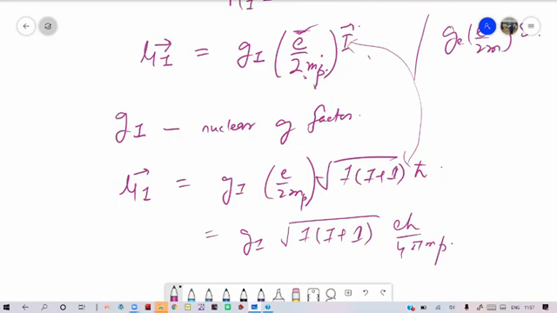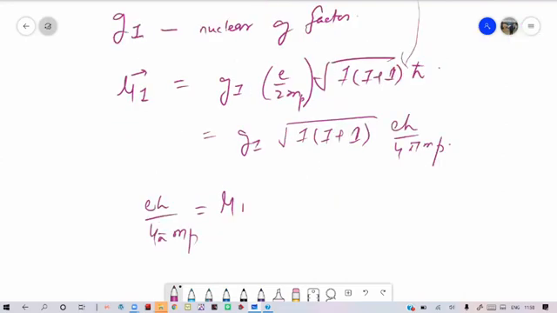This is subscript n, this p, and e h cut by 4 pi m_p. It is the nuclear magneton, like we have the Bohr magneton, e h by 4 pi m, simple.